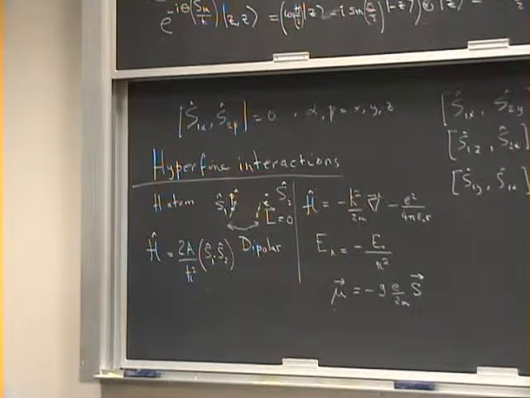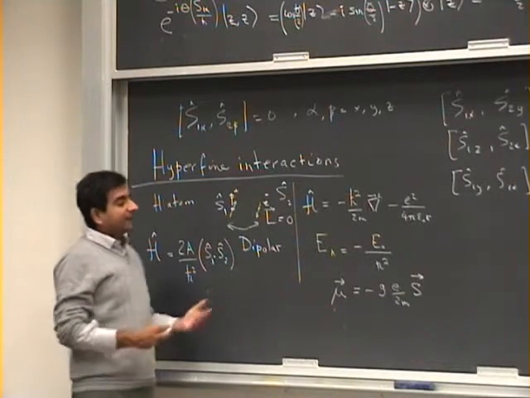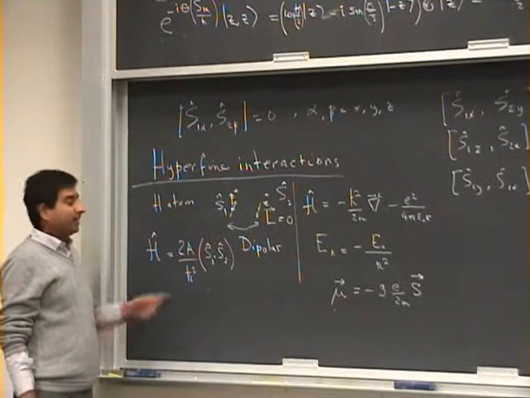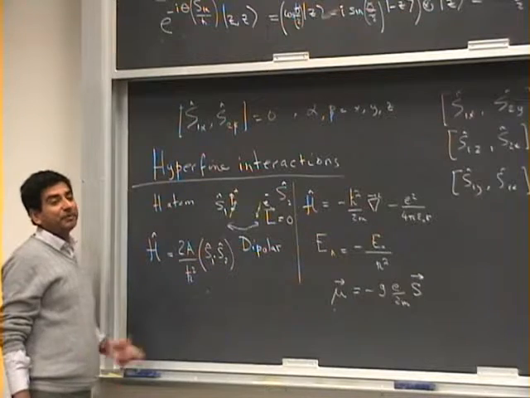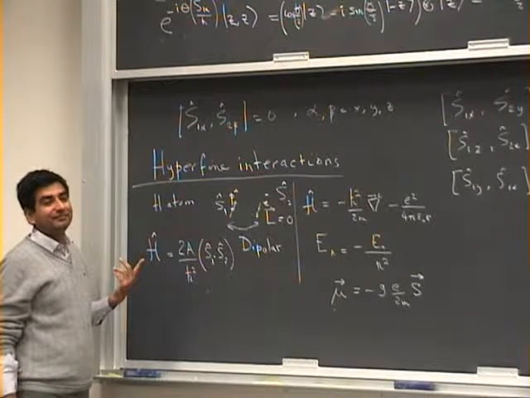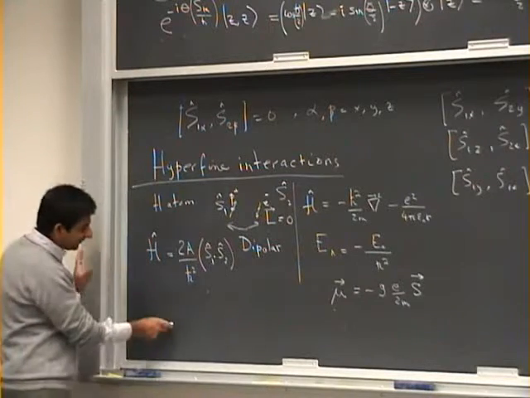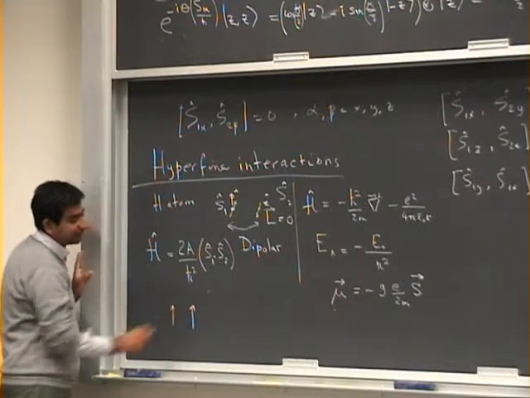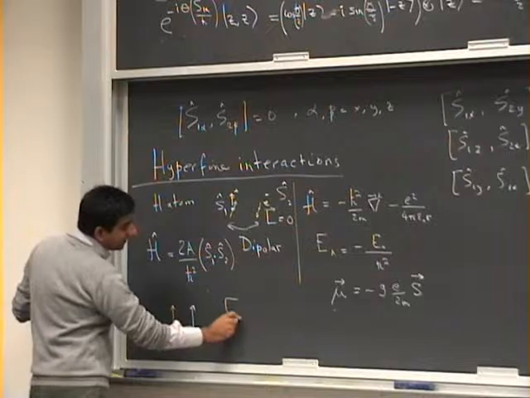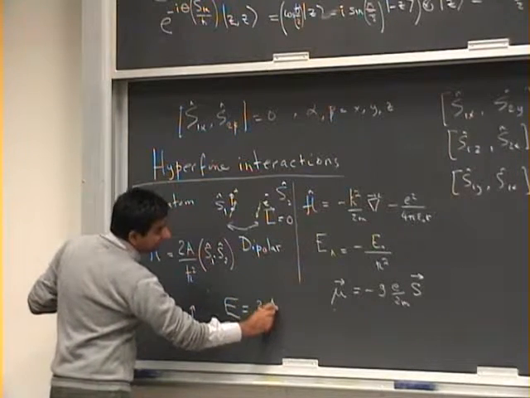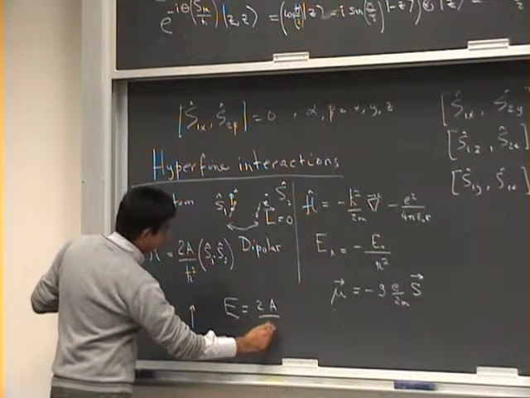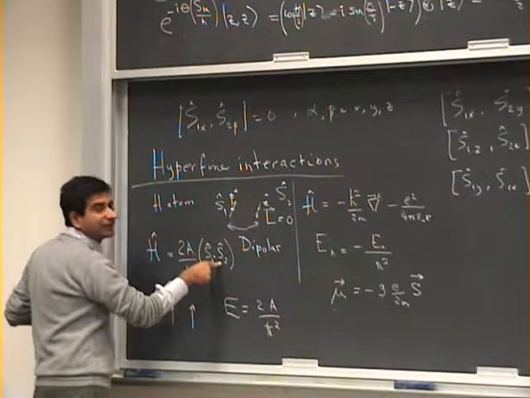In other words, what this would mean is that if the two spin angular momentum operators were totally, perfectly aligned, that is, the two magnetic moments were in the same direction, then the energy of interaction E would be 2A over h bar squared, S1 dotted with S2.